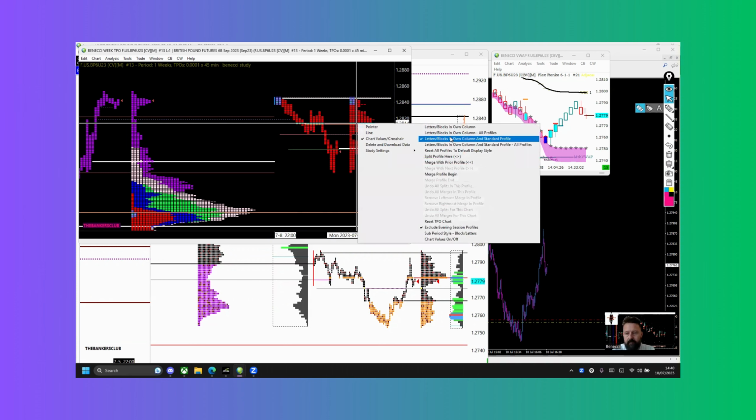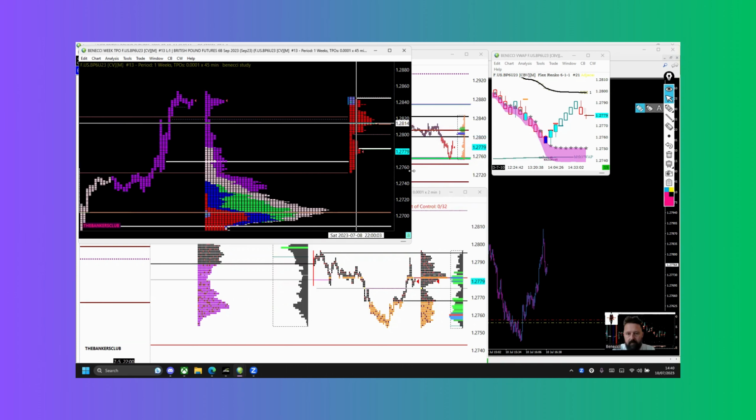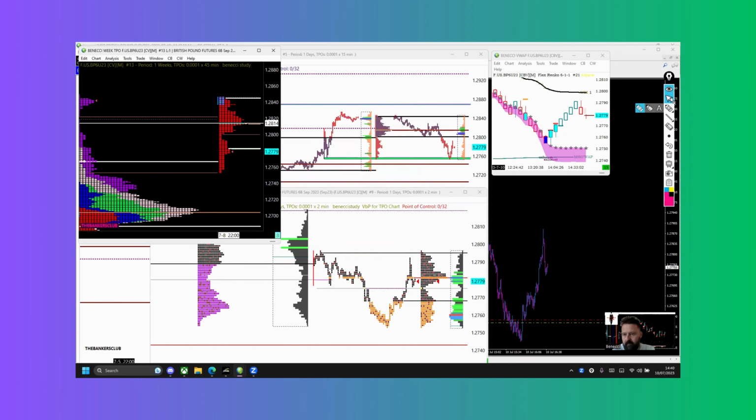We can see this structure point here: we've got a low there and a low there. This is a 15-minute TPO, but I would have drawn that out if you'd made it a 30-minute TPO. Back in the old supply and demand days, I'd have drawn that out as a 30-minute demand zone.